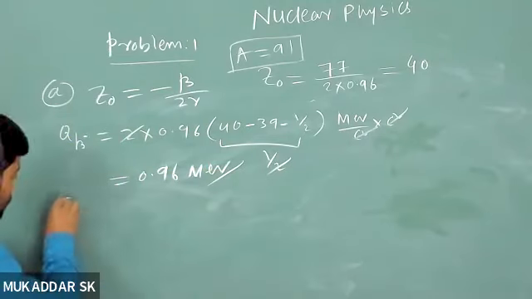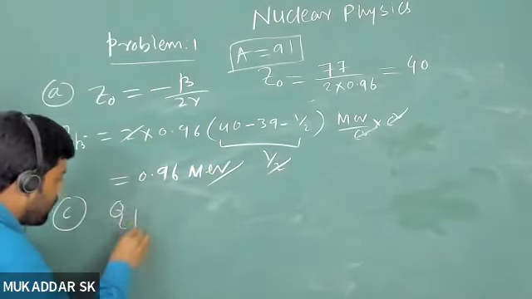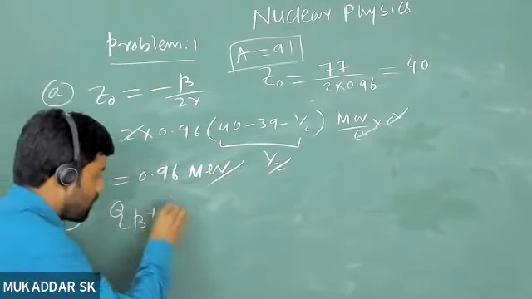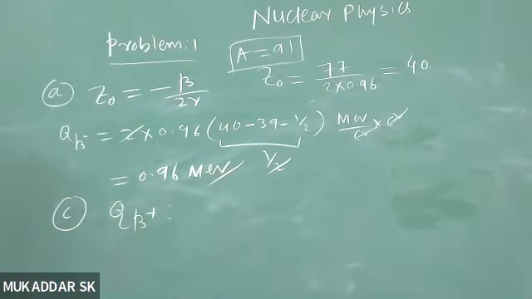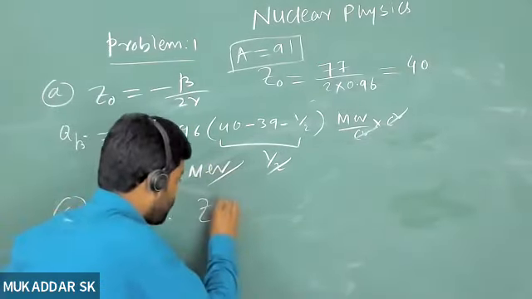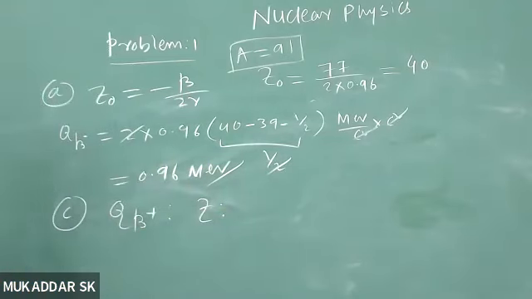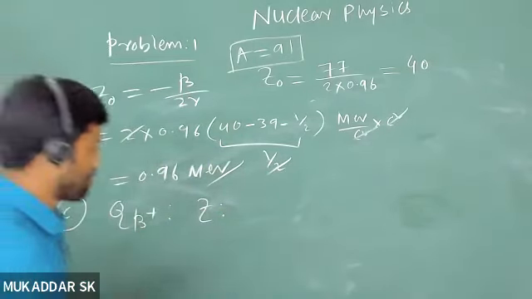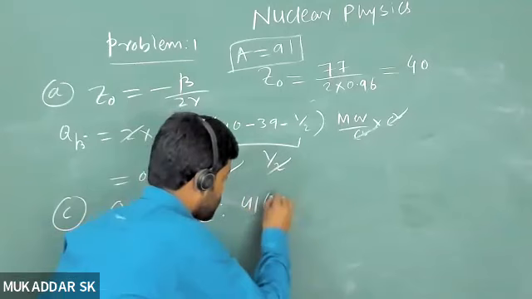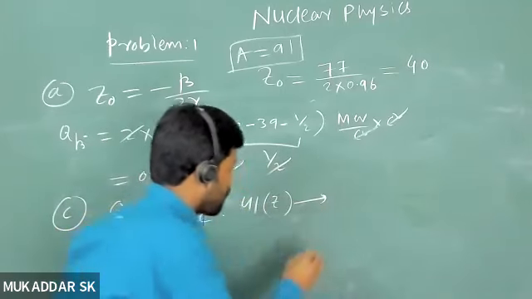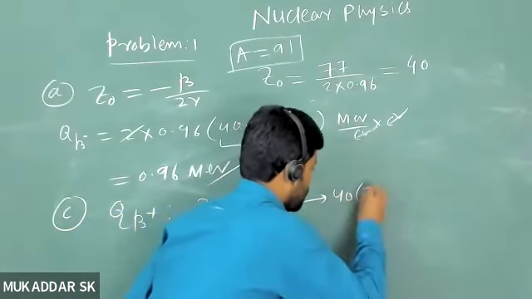Similarly, in the part C, energy release in beta plus decay. So here I can see that your transformation in Z, that will be like 40 on, that will be your Z to 40, that is Z naught, right?